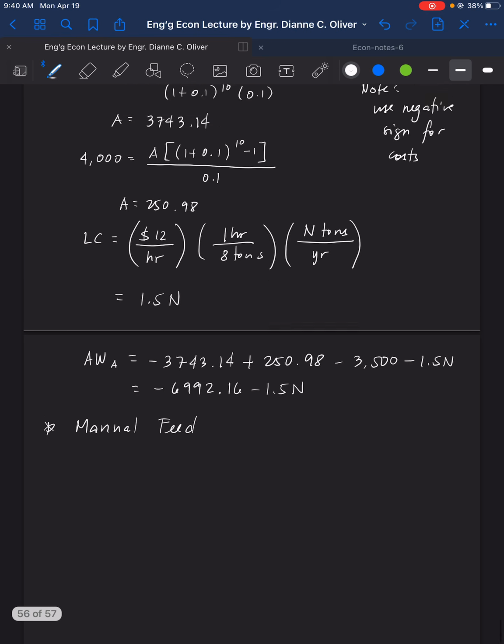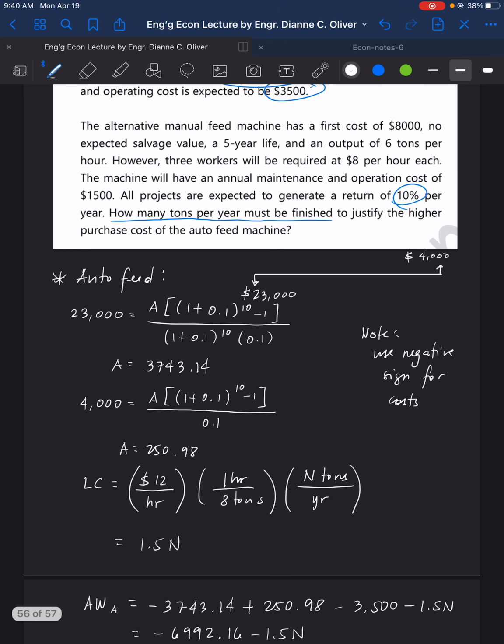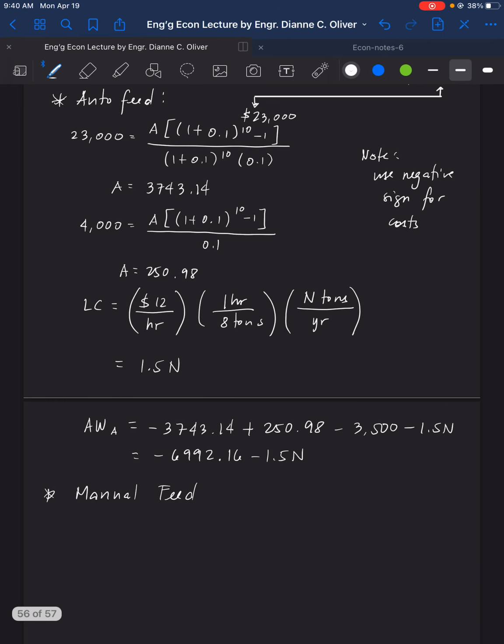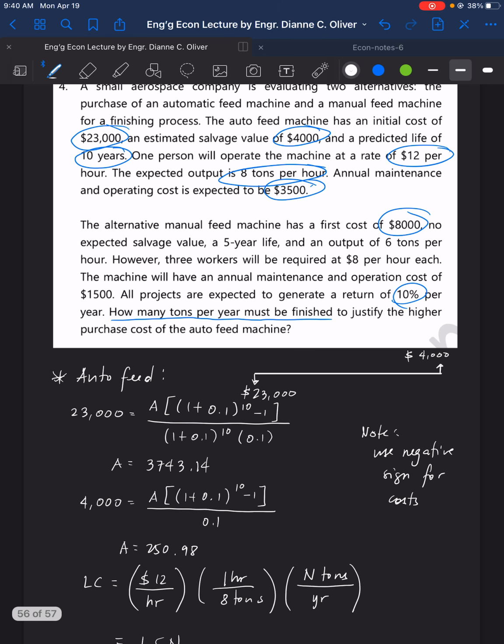Okay, for the manual feed, what we have here, the first cost of the machine is $8,000 and the expected salvage value, there is no salvage value. So let's just compute the annual cost of $8,000. So that is 8,000 equals annuity times 1 plus 0.1 raised to how many years?